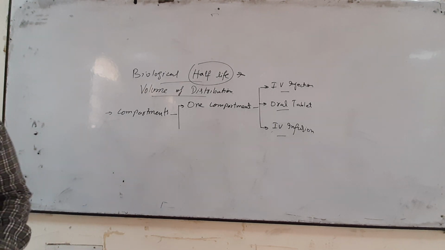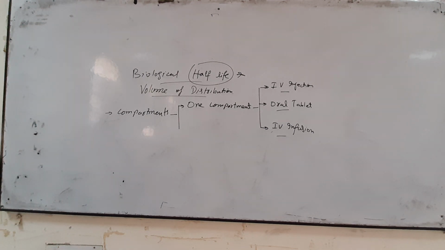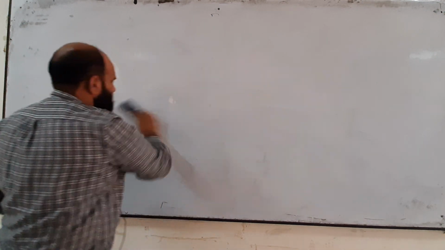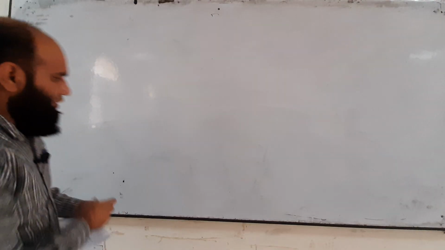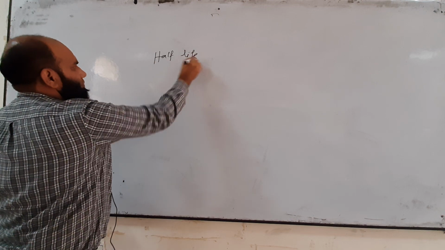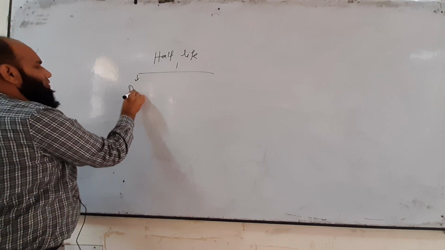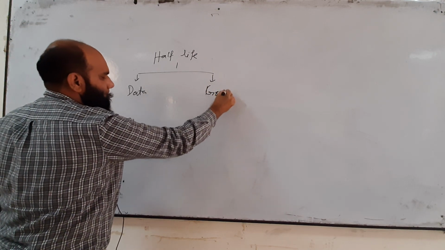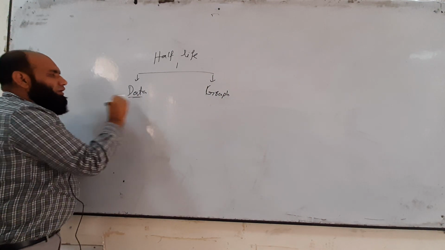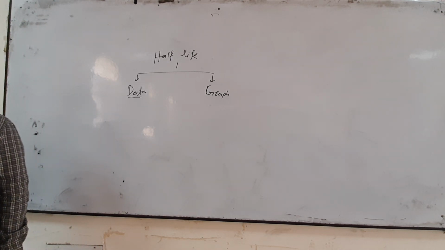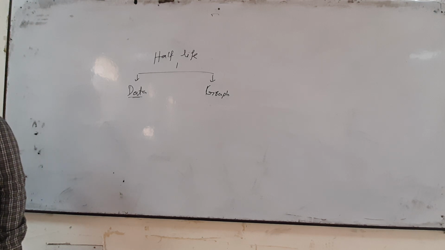How can we calculate the half-life? Half-life can be calculated by using 2 different methods. One is from data, and other is from graph. In case of data, when we clear the concept of the first order and the zero order kinetics, we write the formula of half-life.